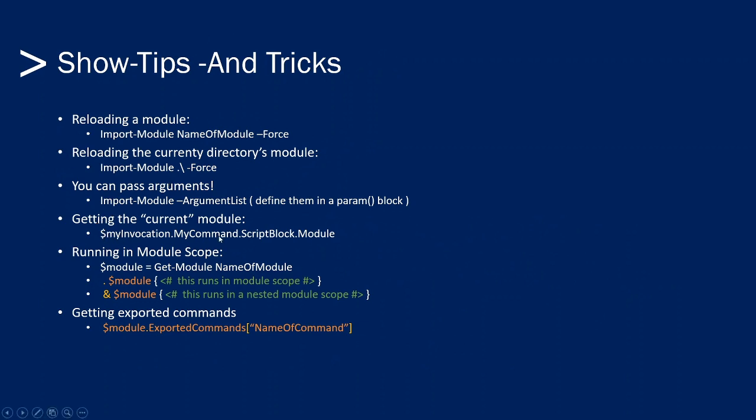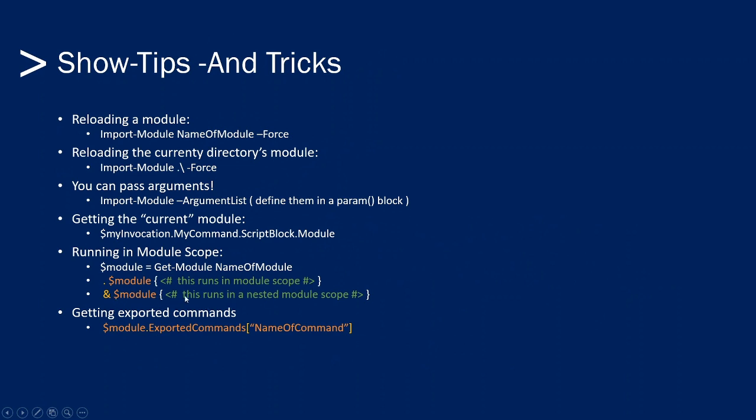This will also be a way, anytime you want to find where you currently are and what module you're in, this is great. And these just need to be spread into the universe more often. You can actually run whatever code you would like inside of a module if you use this trick. You either dot a module reference, then followed by a script block, or ampersand.